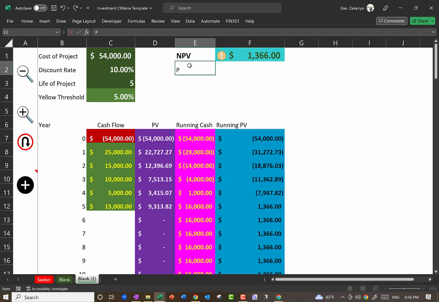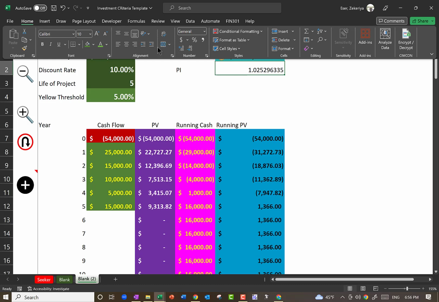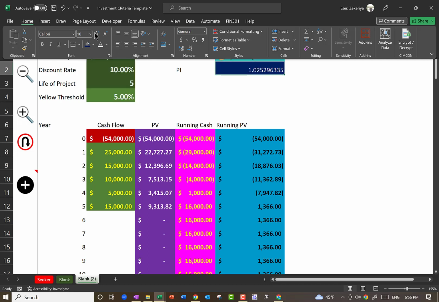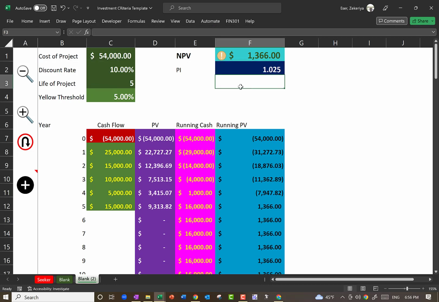Let me also do PI, which I know to be 1 plus NPV divided by COP. Let me make that white, dark blue, a bit bigger, bold, and 3 digits. Okay.